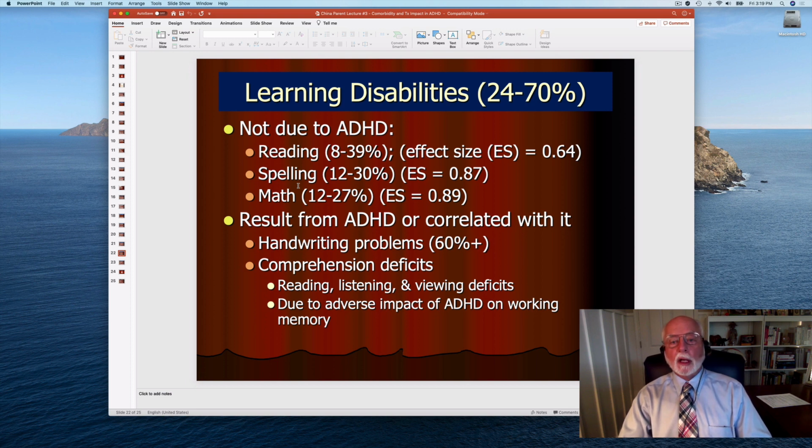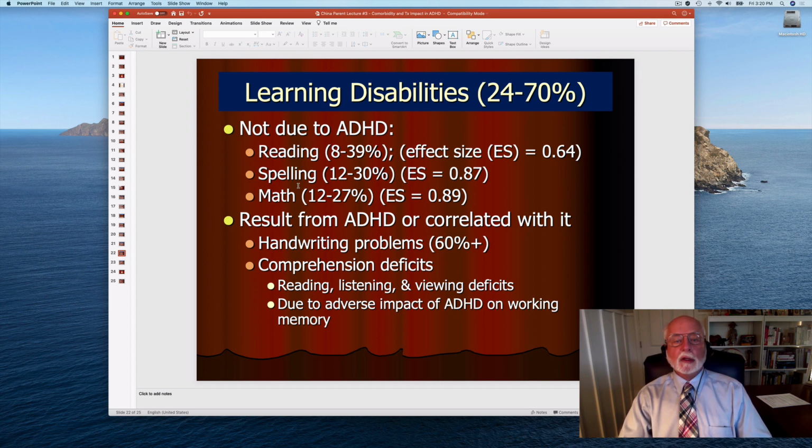Treating the ADHD does help improve motor coordination and handwriting, particularly with the ADHD medications. Another problem that ADHD can create is poor comprehension of what we read, or what we listen to or hear, or what we view, as in educational videos, for instance, or watching a teacher give a lecture.